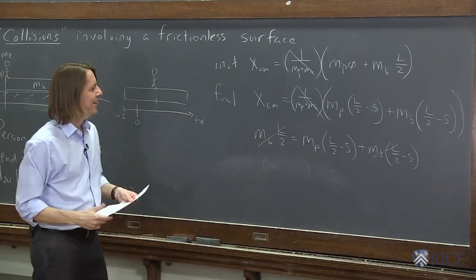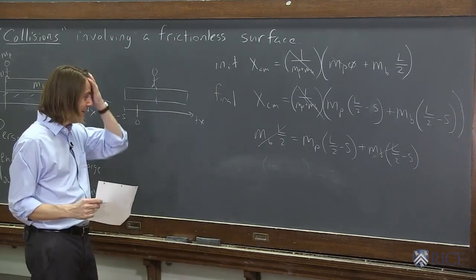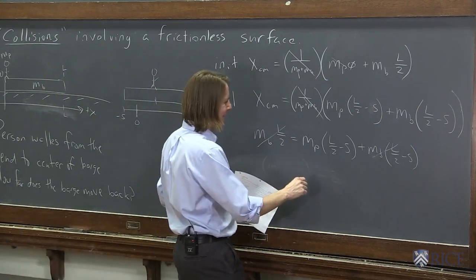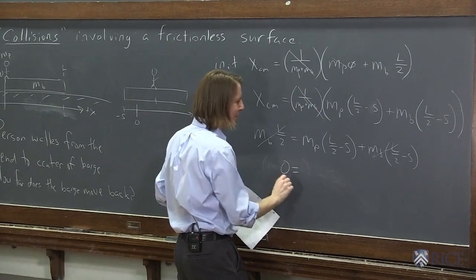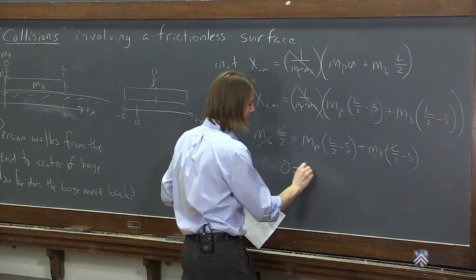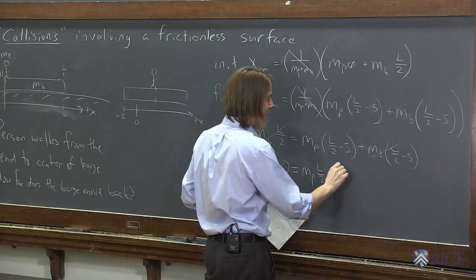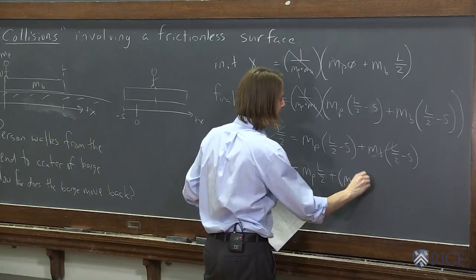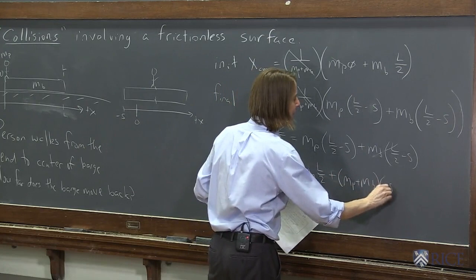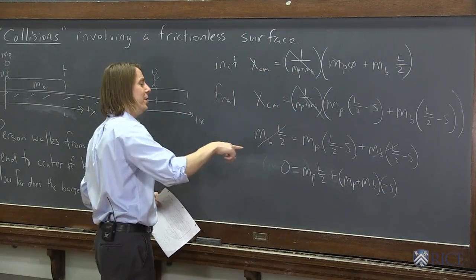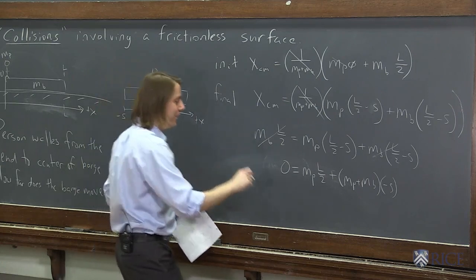Okay, let's solve this now. Are we ready? We're solving this for s. Let's say 0 is equal to mp times L over 2 minus (mp plus mb) times s. Let's bring that over here and then divide and solve for s.